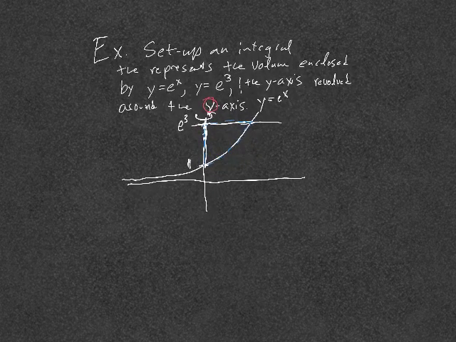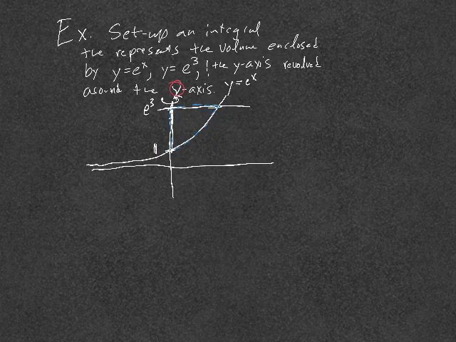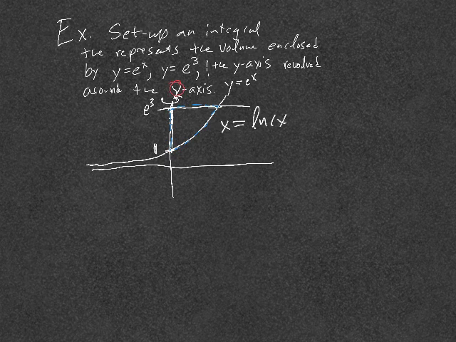Right? So if we're looking at this region in terms of y, well, first thing I've got to do is rethink what y equals e to the x is in terms of y, and the inverse of e to the x is natural log, and so this is x is equal to the natural log of y.